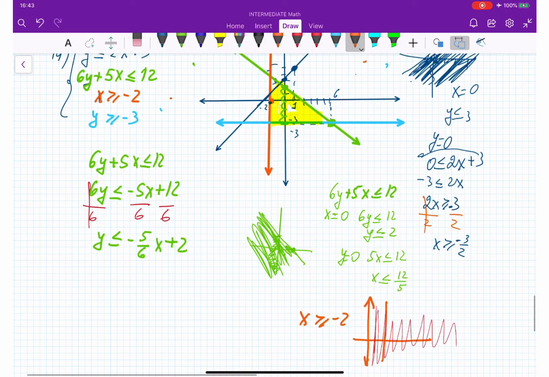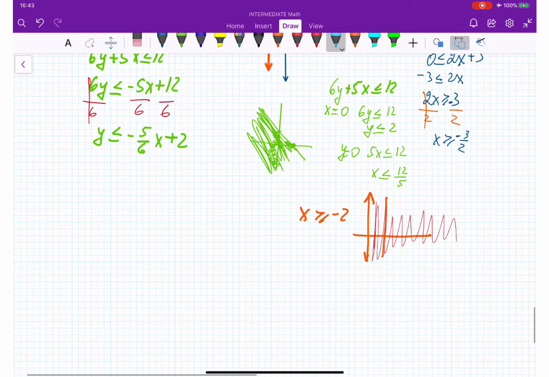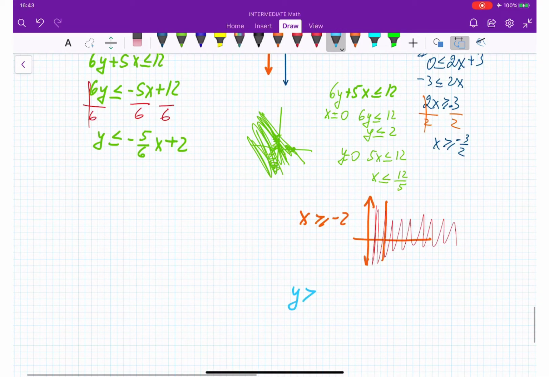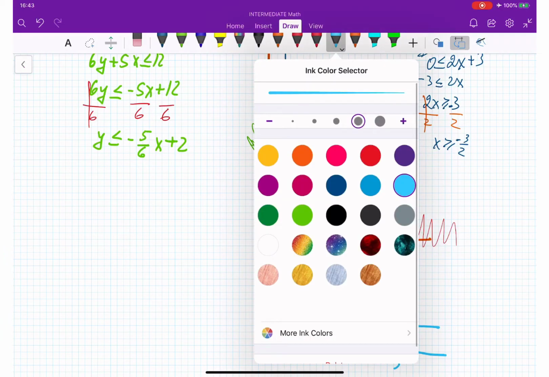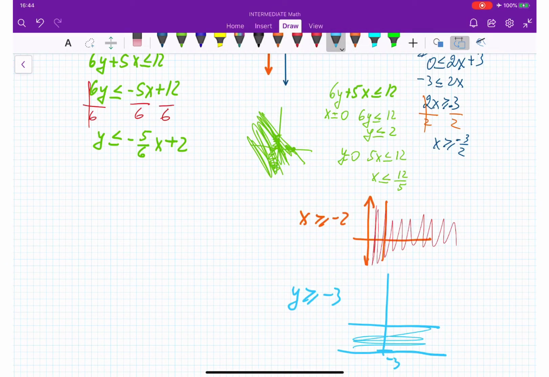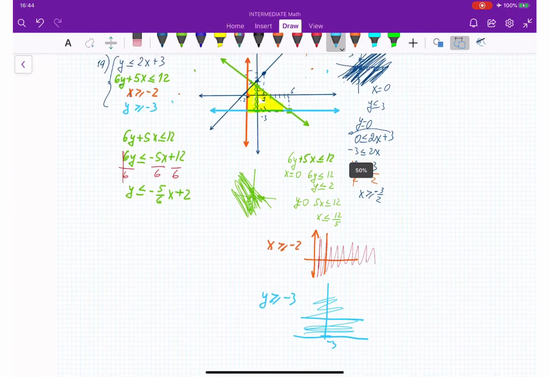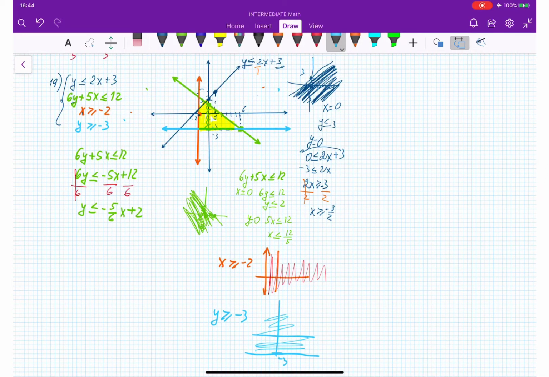And the last one, y greater or equal negative 3. So if this is your graph, negative 3 is right here. So greater than, it's going to go like this, right? And if you overlap all of them, you will see that this yellow shading area is going to be the solution, because that's the area where they are all overlapping each other. Okay?